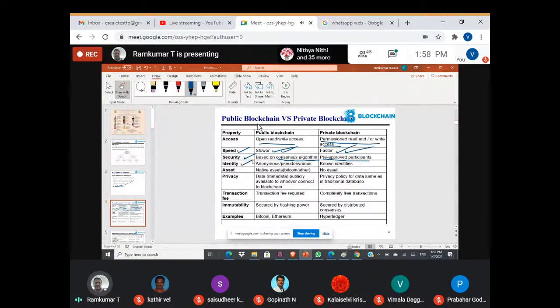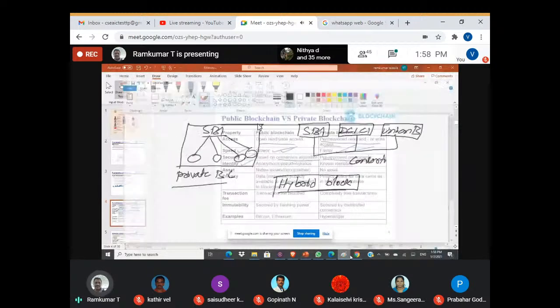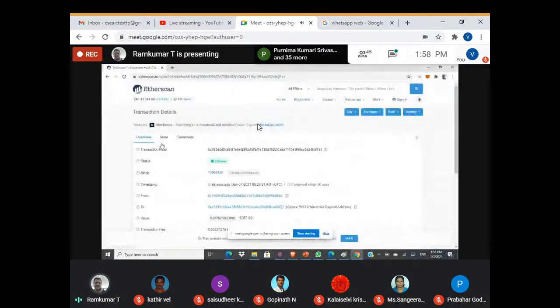Identity means that whenever I take a public blockchain, the identity is anonymous, which means you can't understand it. That is what I'm showing here. This is my transaction, who is sending this value? This person is sending it, but we can't understand who that person is. Why is India against cryptocurrency so far?